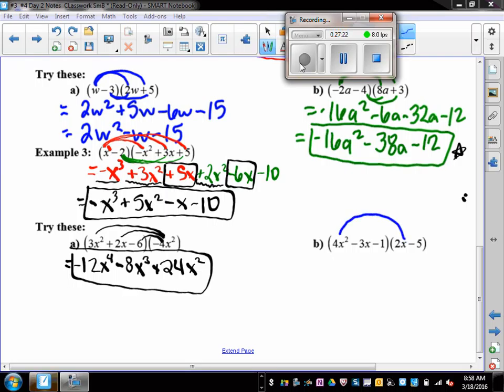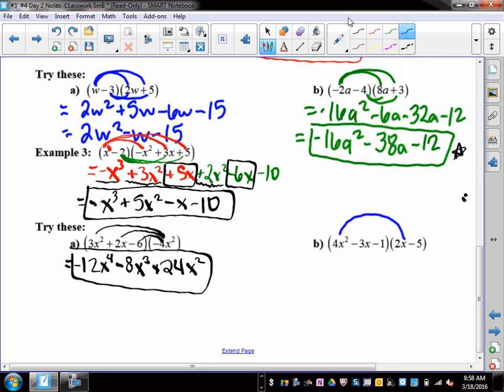So what is 4x squared times 2x? 8x cubed. 4 times 2. Good? Alright, now 4x squared times negative 5. Good. Negative 20x squared.